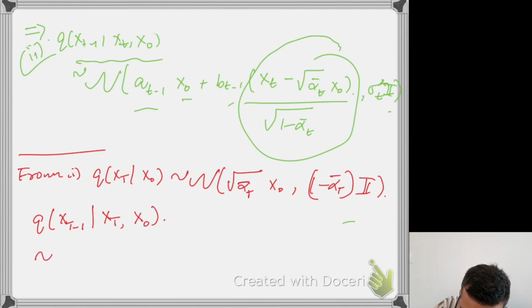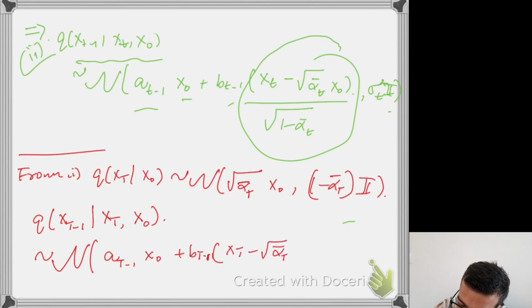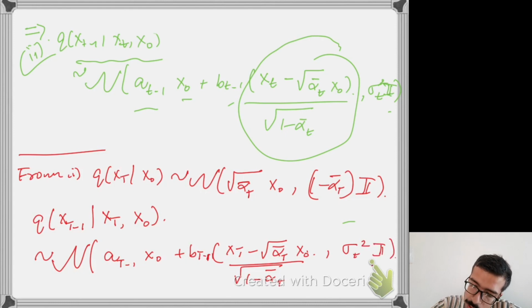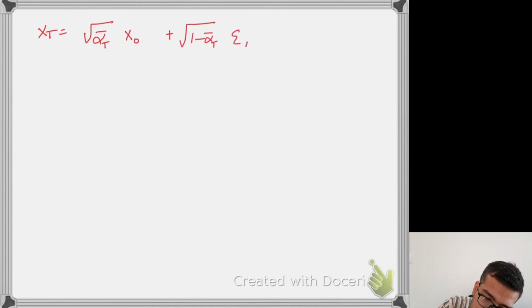This is normally distributed with mean a_{T-1} x naught plus b_{T-1} times (x_T minus root of alpha_t bar x naught) over root of 1 minus alpha_t bar, and variance sigma_t squared identity. Since x_t is coming from this sort of distribution, I can write x_t as square root of alpha_t bar x naught plus square root of 1 minus alpha_t bar times epsilon_t.